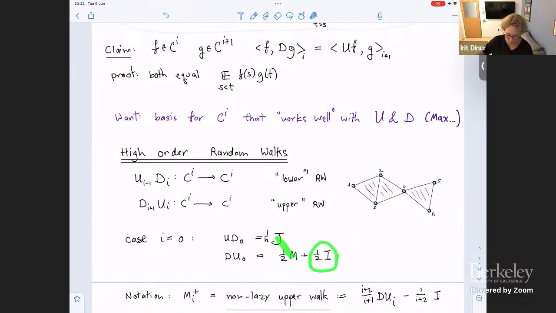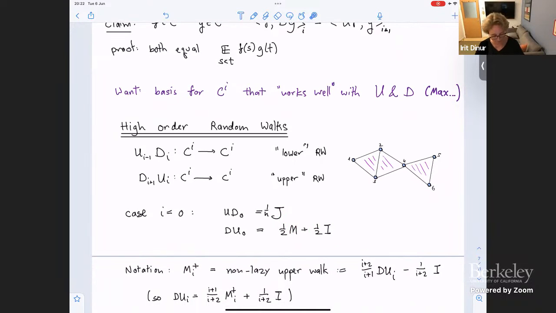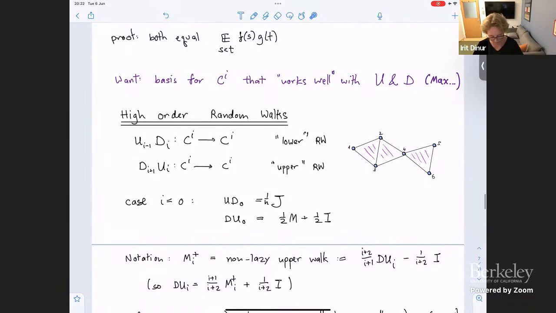We don't need this extra laziness. So we introduced this notation M_i^+. This is the non-lazy upper random walk, defined to be the up-down operator when we remove the laziness from it.